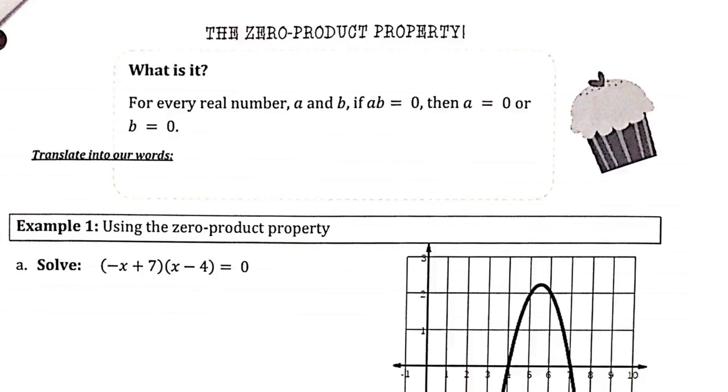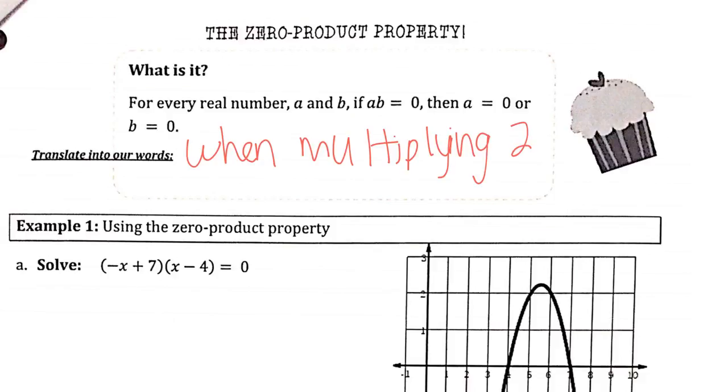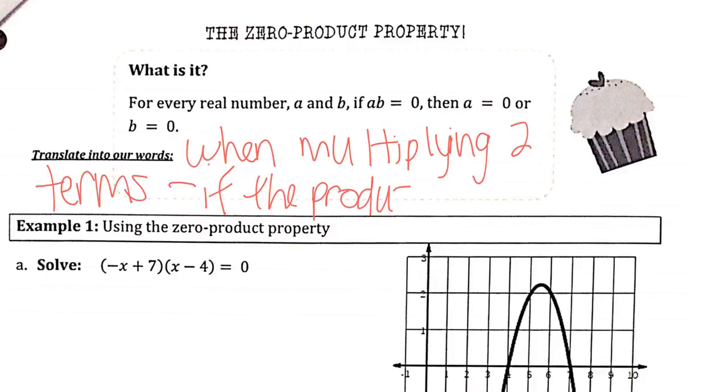So in our own words, that's like saying when multiplying 2 terms, if the product equals 0, then at least one of the terms must equal 0.